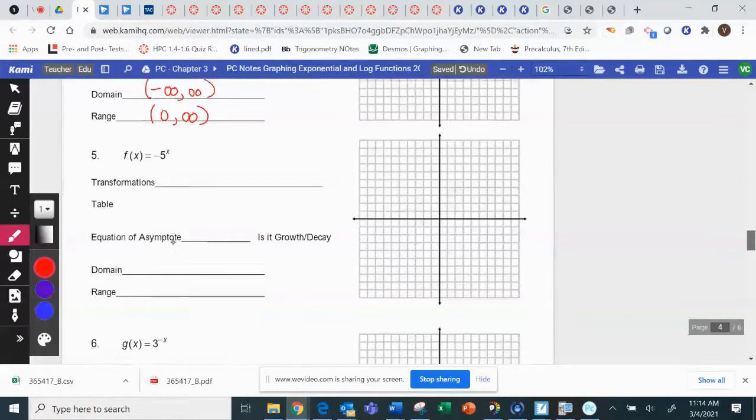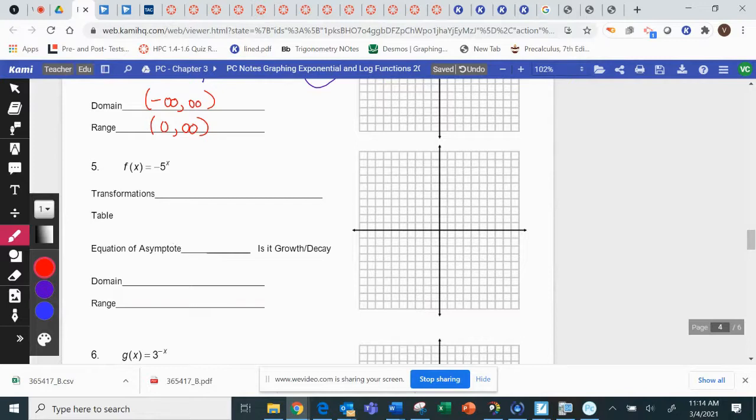Okay, I want to stop talking for a moment, and I want you to try number 5. We haven't done one like that yet. Let's see if you can figure it out.